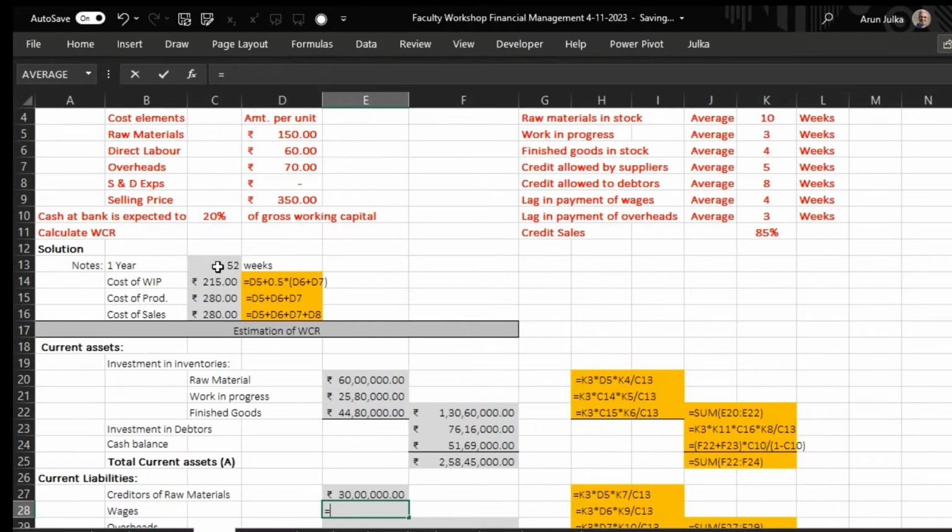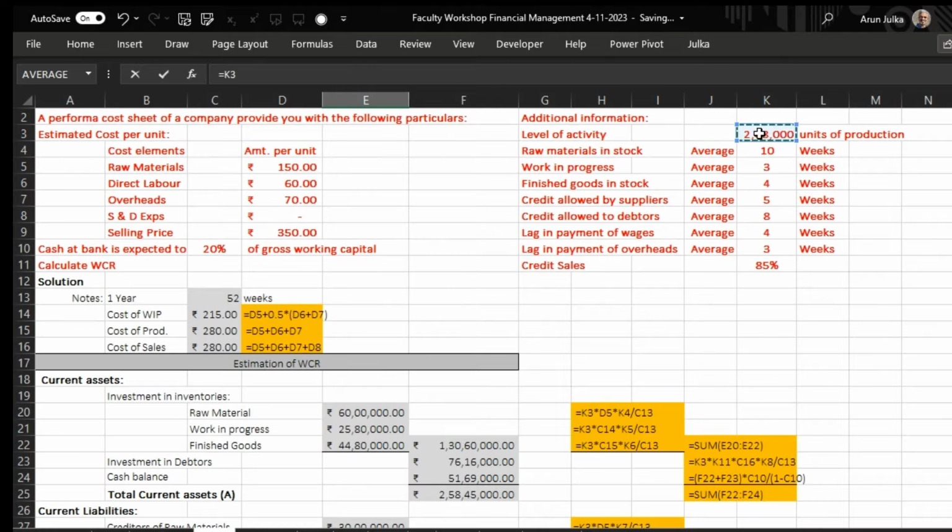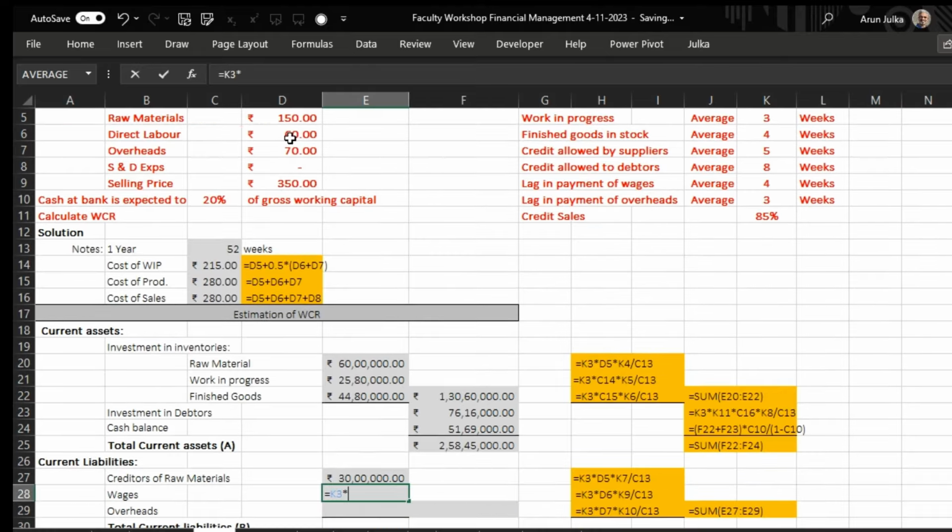In the case of wages, again, production is 2 lakh 8,000 multiplied by labor cost per unit multiplied by lag in payment of wages, 4 weeks divided by 52 weeks, and the answer is 9 lakh 60,000.